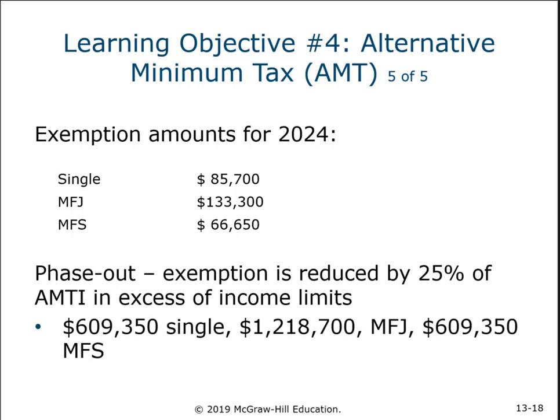Okay, but the reason why this isn't going to affect most people, even at the higher income level, is because remember the tax rates for AMT are 26 and 28%. So yes, you have some adjustments and some tax deductions you lose, but then you apply a much lower tax rate.